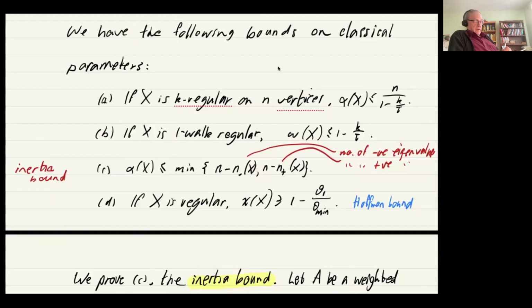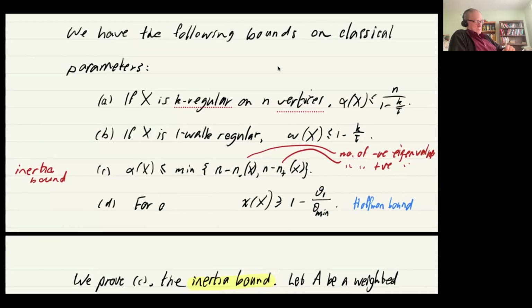Now, the interesting thing is I don't need X to be regular. Do it this way for any X. We have a lower bound on the chromatic number.